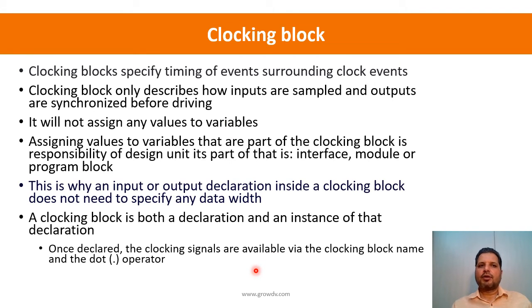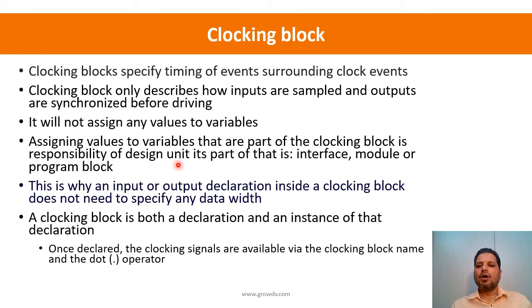And one more point to note is, when we declare any interface or module, we create an instance of it separately, whereas with a clocking block, the moment we have declared it, there is an implicit instance that gets created with the same name, and hence the clocking block will be available to access with its container name dot the name of the clocking block.